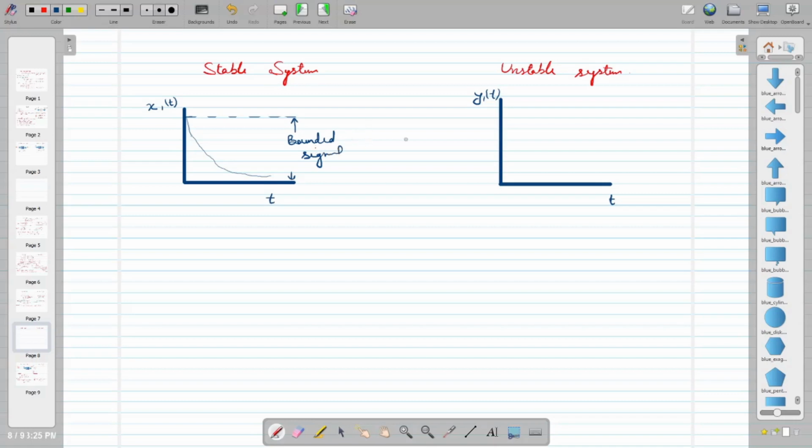So it is within the limit, and it has a certain output, represented in this fashion.